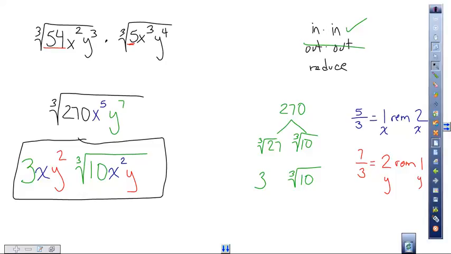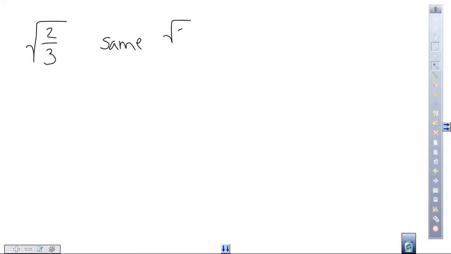And that's really all there is to multiplying. Dividing, there's nothing really different except we have to remember to rationalize the denominator. That's going to be a big part of what we're doing. The only other thing they can really throw at you is just remembering that if I have the square root of 2/3, that's the same thing as the square root of 2 over the square root of 3.